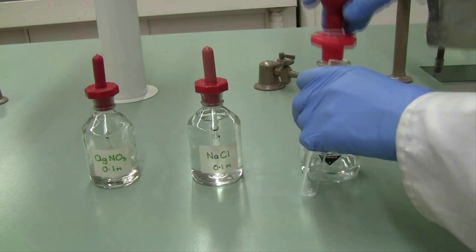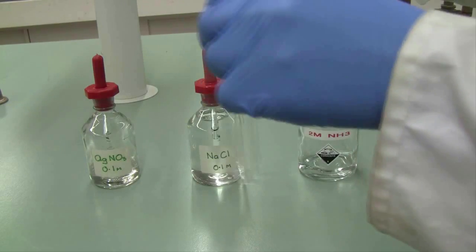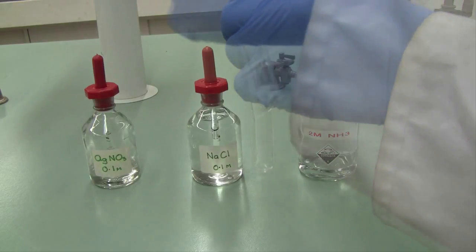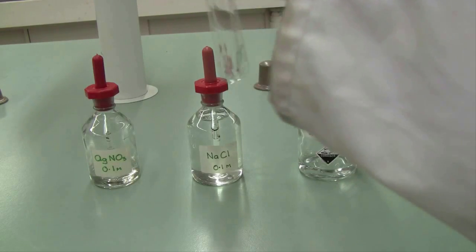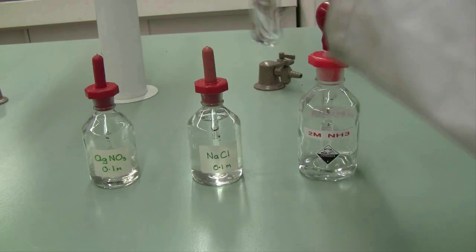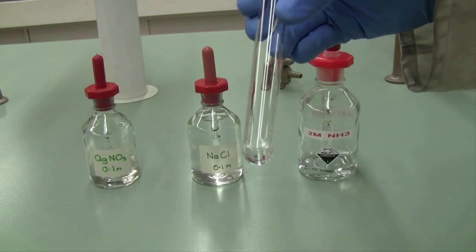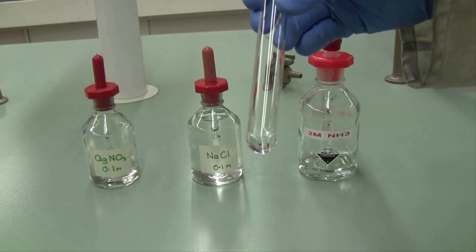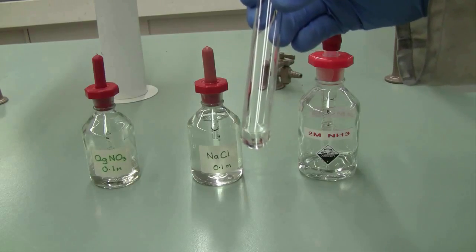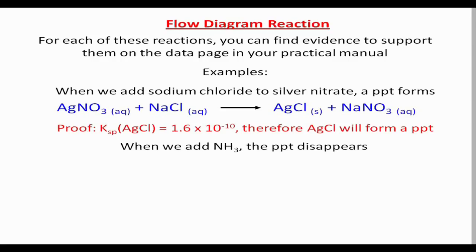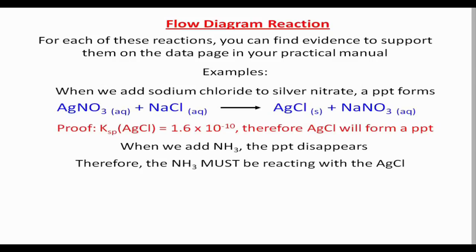Next in our flow diagram, we are adding a small amount of ammonia to our silver chloride precipitate. And you can see that as we add the ammonia, the cloudiness disappears, the precipitate redissolves. So, upon addition of ammonia, the precipitate disappears. The fact that the ammonia has made the precipitate disappear means the ammonia must be reacting with that precipitate.